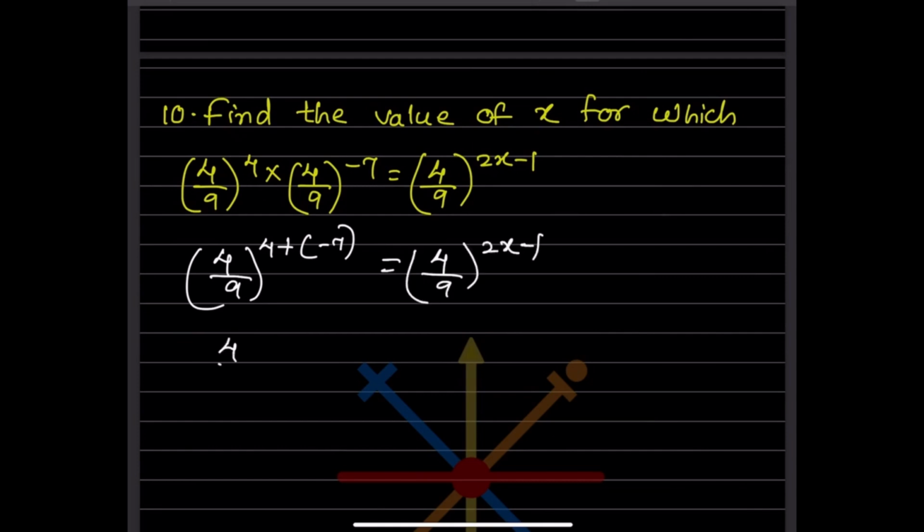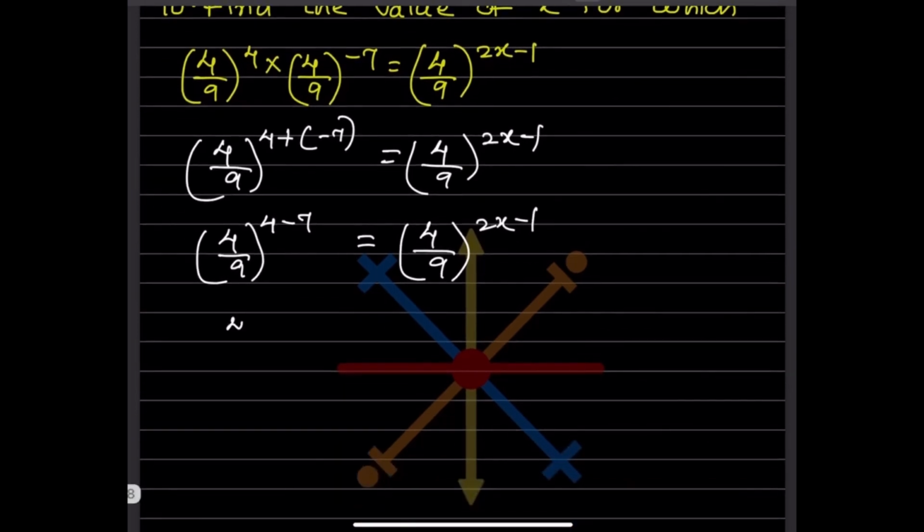So what will you do here? 4 minus 7 is going to be minus 3. Rest all is the same.